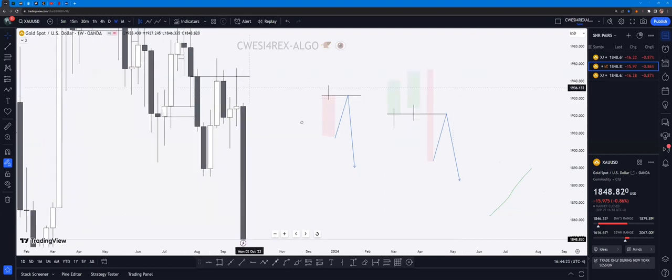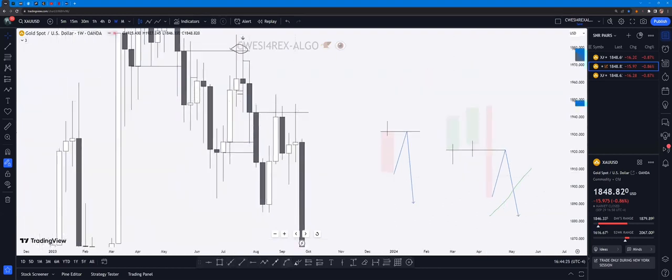So you can see over here, we have this gap level here, which is the bullish candle, right? This one over here. And then what happened? Price broke through. Multiple times we had price going back again.